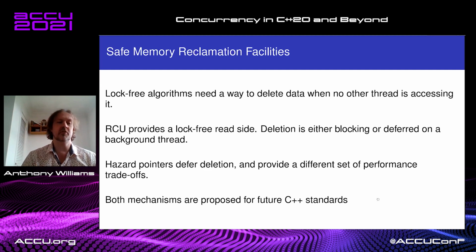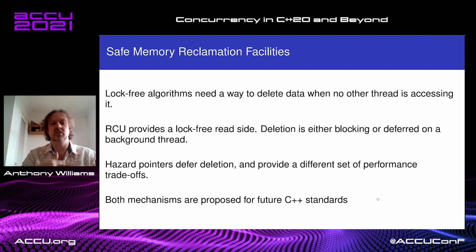Hazard pointers offer an alternative. If you're going to go for the deferred deletion pattern, hazard pointers give you an alternative with a different set of performance trade-offs. The hazard pointers track how many threads are referencing a given object, whereas RCU is about how many readers there are currently, and generations and things like that.